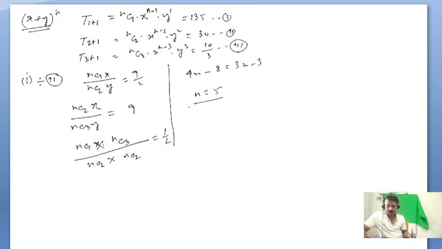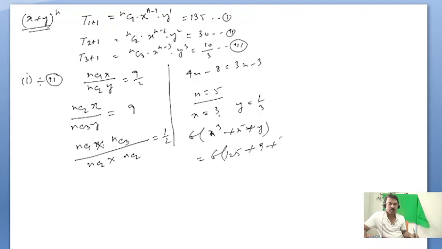Again, after solving this, we get x equals 3, y equals 100. So we have this value: nC3 plus x squared plus y, that is 6 into 125 plus 9 plus 1/3, that is equal to 806. This is our solution.